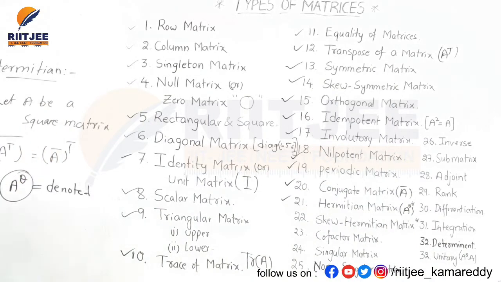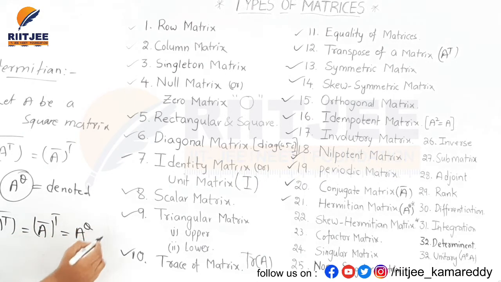And A to the power of theta is nothing but the transpose of the conjugate matrix, or the conjugate matrix transpose. This is called the Hermitian matrix.